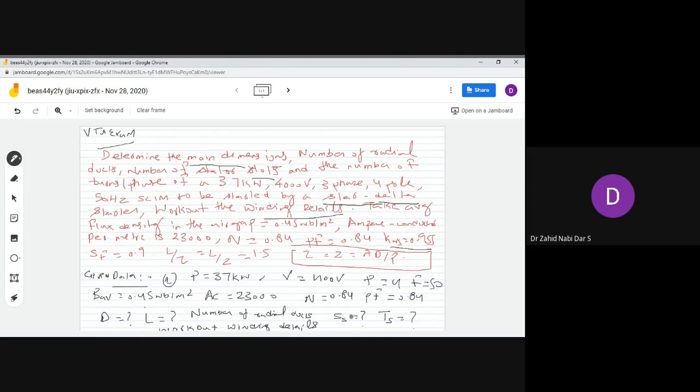read the problem. You take down the problem in your notebook, because once you take down this problem in the notebook, it will be very easy. The problem will always be in front of your page when I'm doing this question. As far as the question is concerned, we know that D square L value we can find out.